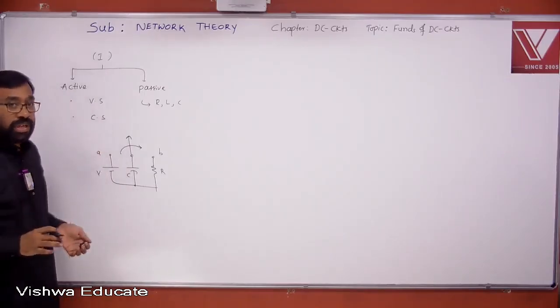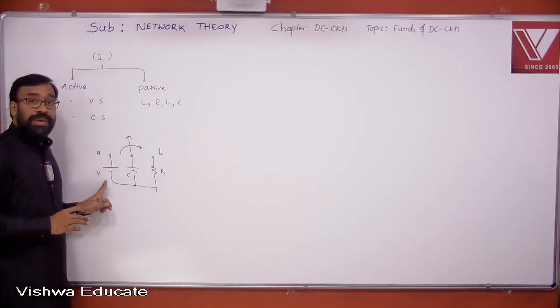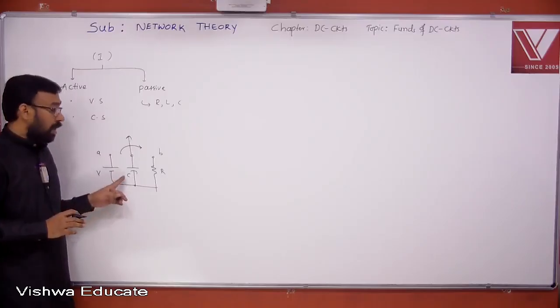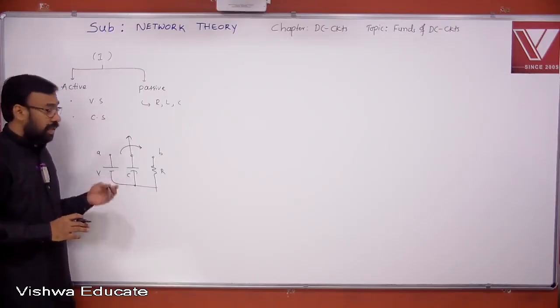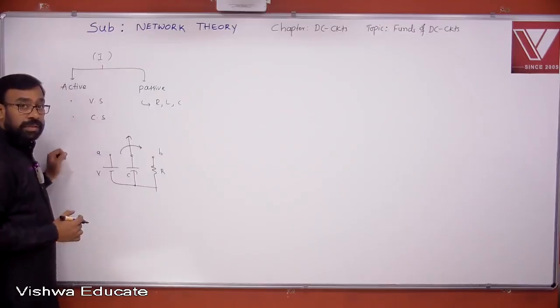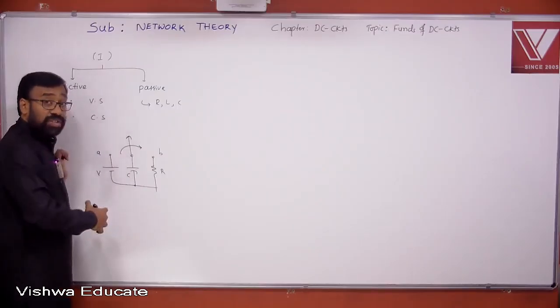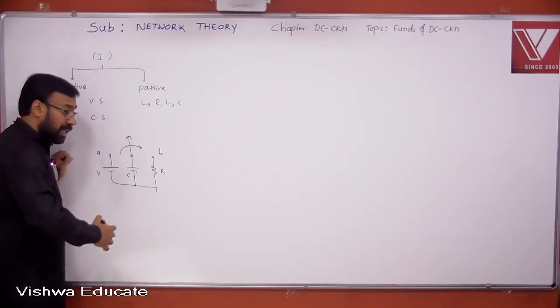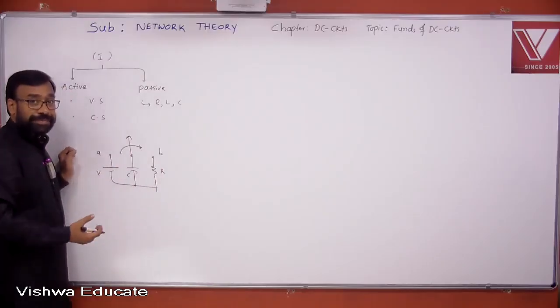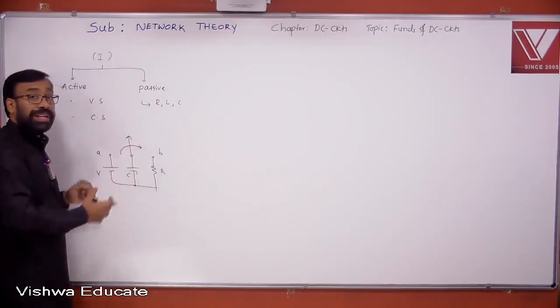Therefore, according to the definition given by you, an element which supplies the power is called an active element. Therefore, the voltage source is an active element and the capacitor is a passive element. Now let us move the switch from A to B. The capacitor, because it was charged already, now starts supplying power to the resistor.